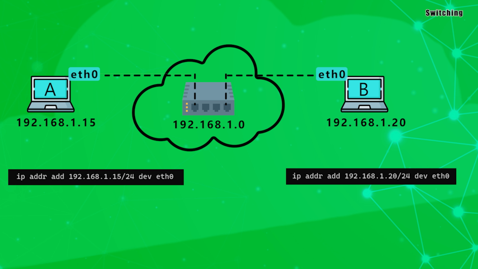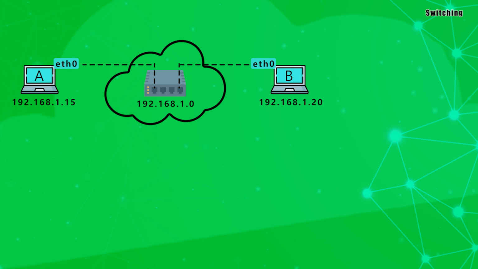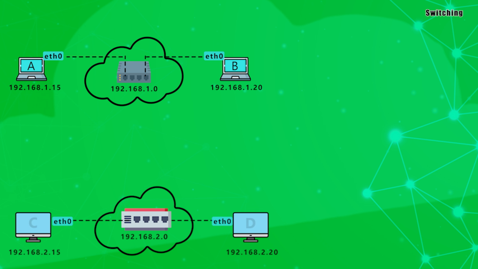The switch only enables communication within a network, which means it can receive a packet from a machine or system within the network and deliver it to another machine within the same network. Now let's suppose we have another network having machines C and D, and machine C has the IP address 192.168.2.15 and machine D has 192.168.2.20.